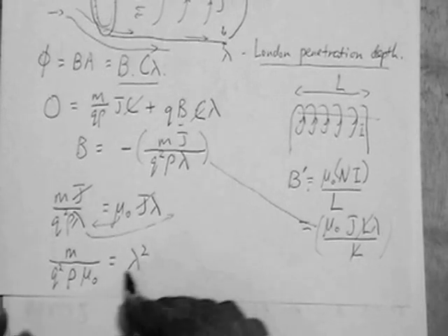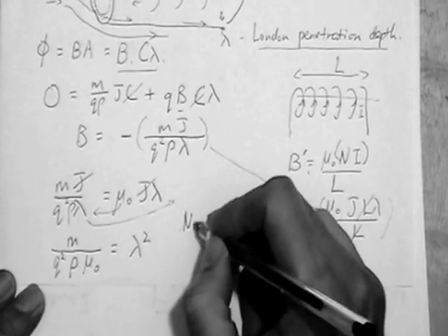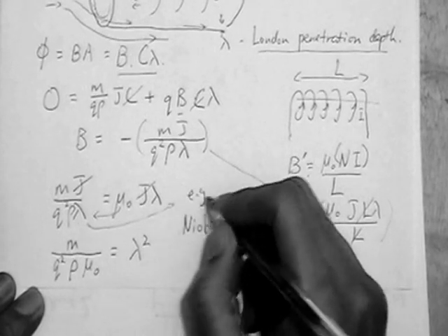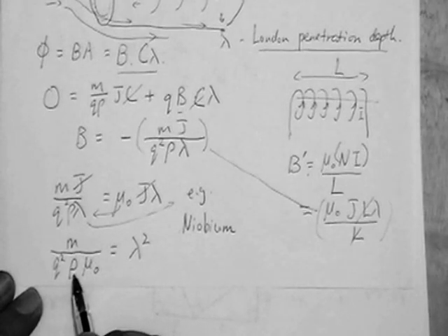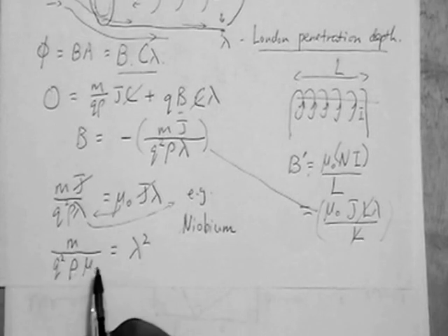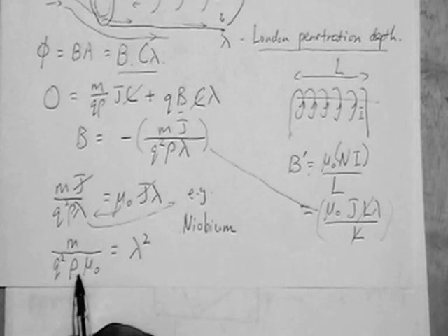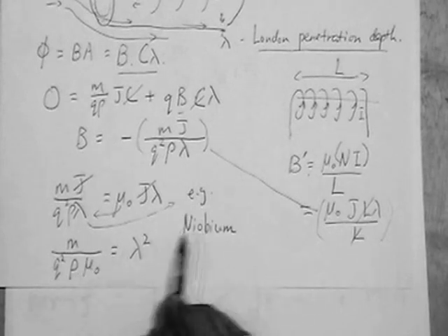So for example, if we think of niobium, alright, as an example, we can, for example, Google for rho, the number density of electrons. Now we might not be able to find the number density directly, but we could find the volume for 1 mole of niobium.